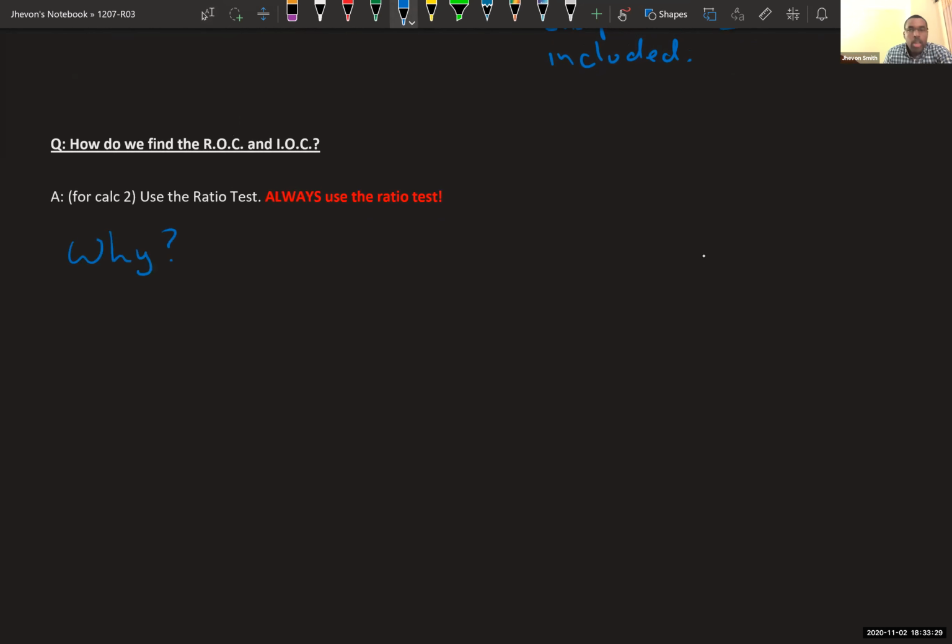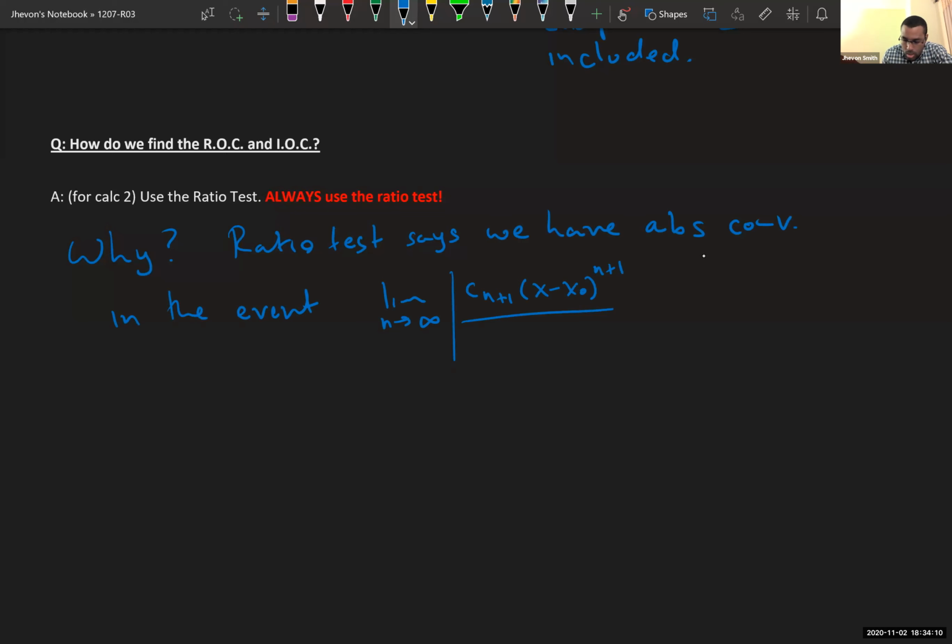So the ratio test says we have absolute convergence in the event the limit as n approaches infinity of Cn plus 1 times x minus x naught to the n plus 1, over Cn times x minus x naught to the n, is less than 1, right?